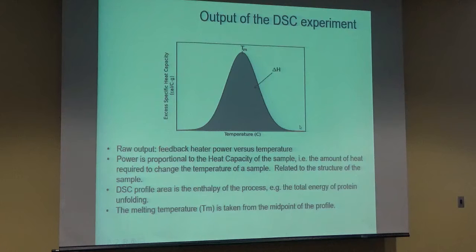The feedback power is proportional to the heat capacity of the sample, i.e. the amount of heat required to change the temperature of a sample, related to the structure of the sample. The DSC profile area is the enthalpy of the process, i.e. the total energy of protein unfolding. The melting temperature Tm is taken from the midpoint of the profile.